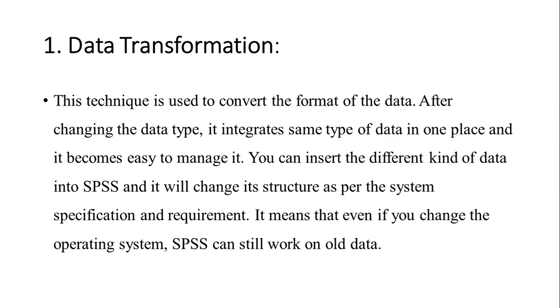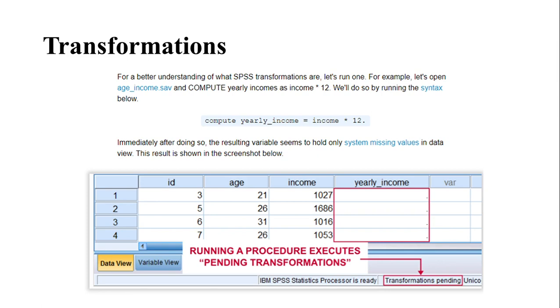It means that even if you change the operating system, SPSS can still work on the old data. So a short description or maybe an example is below. If you recall, when we first discussed the transformation commands, there's an example that I said is below under the application. This is the example that I was referring to.